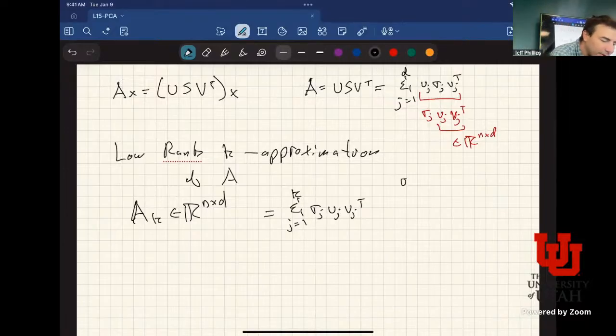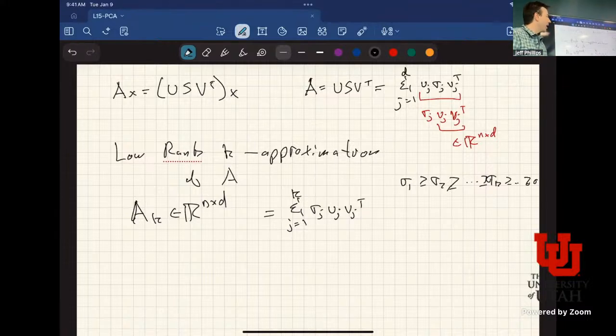And remember that sigma 1 is greater or equal to sigma 2, greater or equal to ..., sigma k, greater or equal to 0. Right? So these are in sorted order. The u and the v vectors are unit vectors, so they don't encode any scale information.